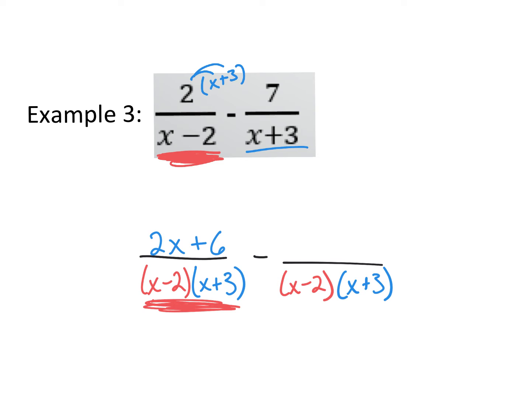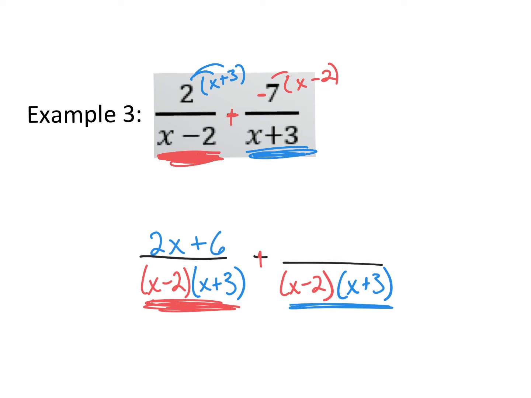Okay, we're doing the same thing on the other one. To get from x plus 3 to this, what do I need to multiply by? X minus 2. Be really careful though on this. When we go to distribute, am I distributing a 7 or a negative 7? You got it. So what I can do is take this negative, and before I distribute, I put it up here, and I change this to addition.